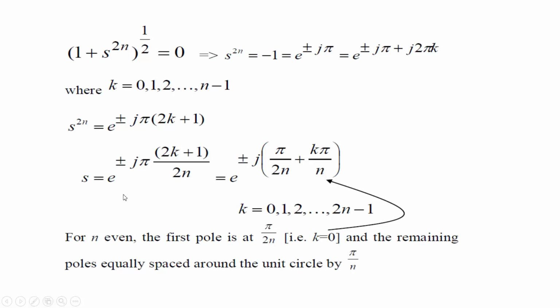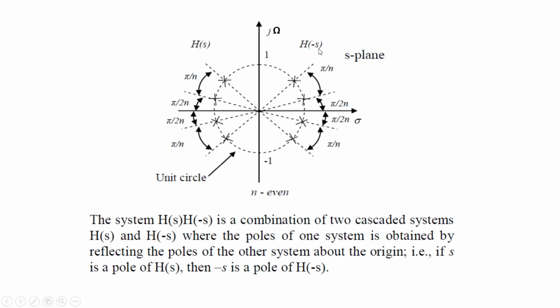So this is how we are able to get the position of the poles when the order of the filter is even. Now, this is how the representation looks, because the locus where the poles will be placed is a circle, and the center of the circle is the origin of the s plane, and the poles will be separated from each other by pi by n, right? And this is the case.